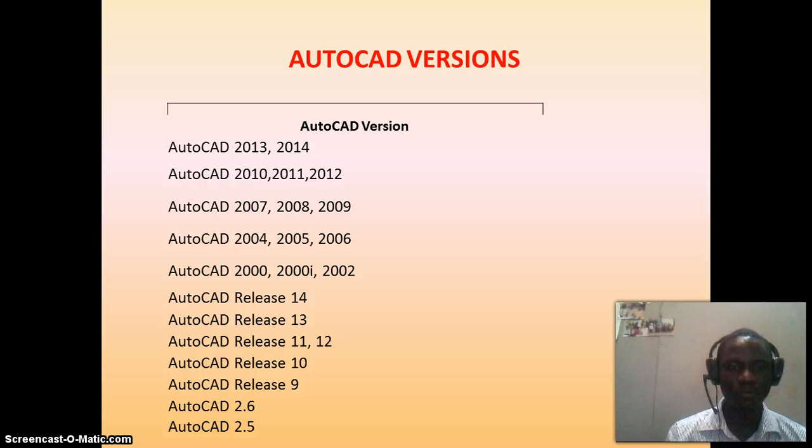And I started with the 2000i version. From there I began to upgrade to 2002. From 2002 I upgraded to 2004. From 2004 I moved on to 2006, then 2009, 2010, 2012, and I'm working with 2013. And that is the version which I'm going to use for this class.